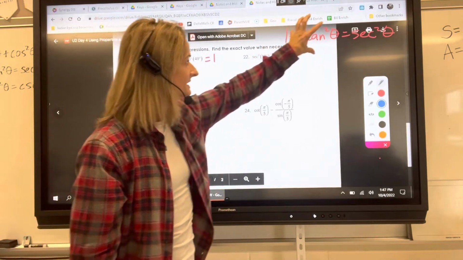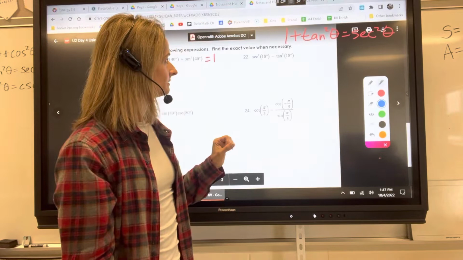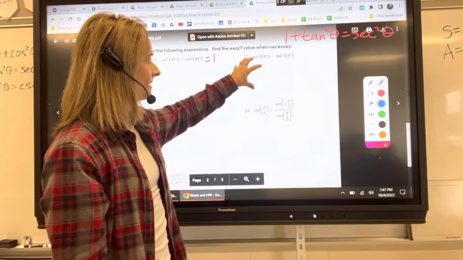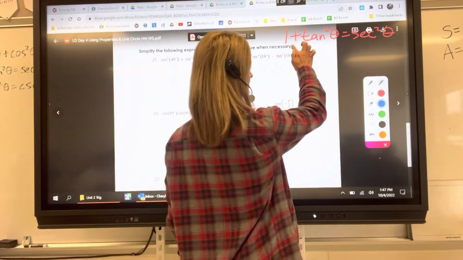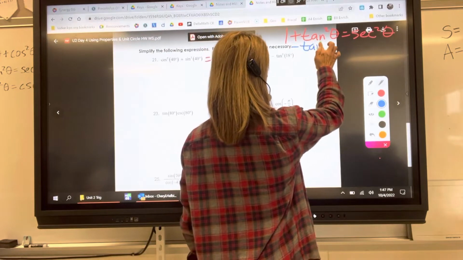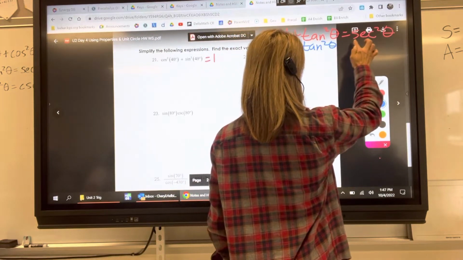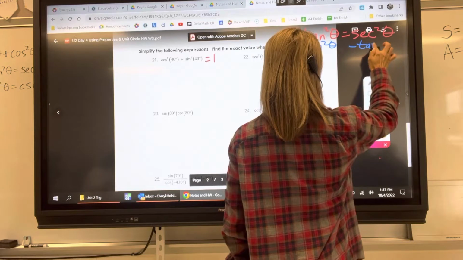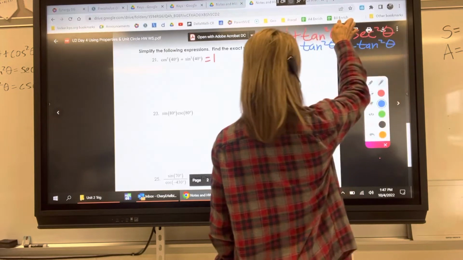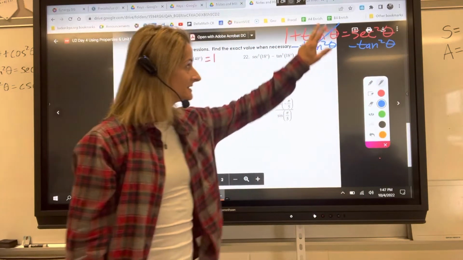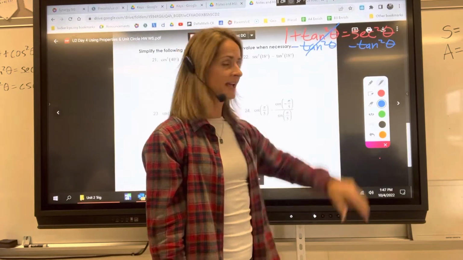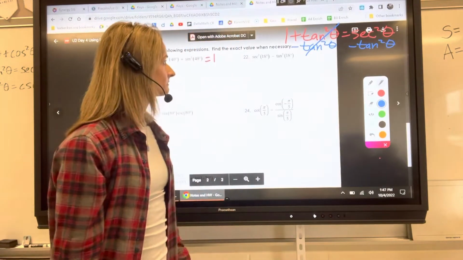If I can manipulate this identity and put it in this format, if I subtract the tangent squared from both sides, just using our algebra skills, I'm going to get the secant squared of theta minus the tangent squared of theta equals 1.